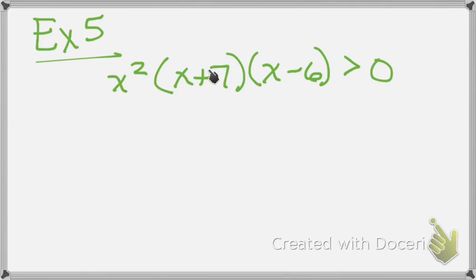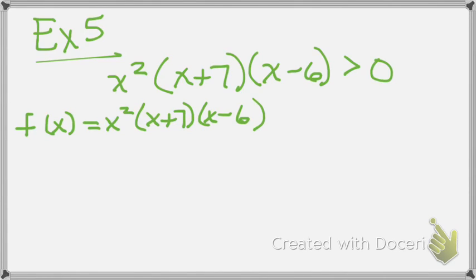So we're going to do what we did yesterday, and we're going to graph this polynomial right here. And anytime you see a greater than 0, that simply means where is it above the x-axis. So we want to take a look at the graph of this function, f of x equals x squared times x plus 7 times x minus 6.